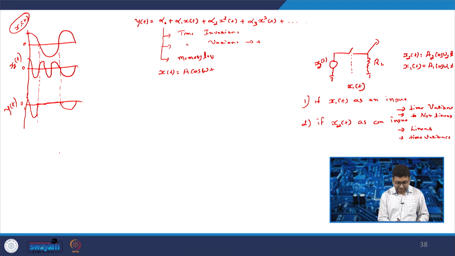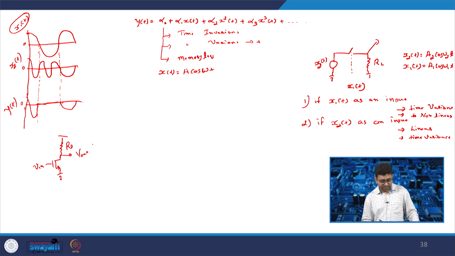You can take an example of a common source amplifier. So, this is RD, this is V in, this is the common source amplifier, and V out.